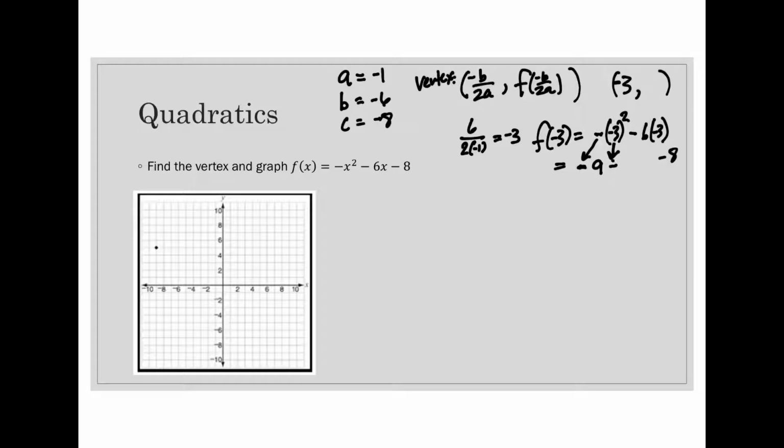This becomes minus negative 18. We're subtracting, so you can think of it as negative 6 times negative 3. That's positive 18. Negative 9 plus 18 is 9, and 9 minus 8 is 1. So negative 3, 1 is my vertex.